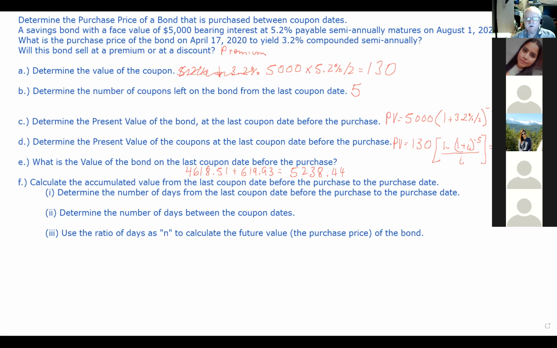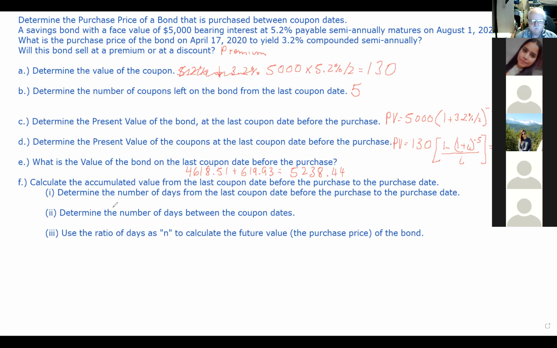So that would be okay if the bond was sold on the coupon date, but annoyingly enough, it wasn't sold on the coupon date. So determine the number of days from the last coupon date before the purchase to the purchase date. This is what we already figured out.